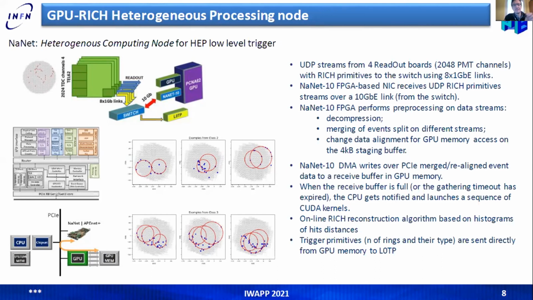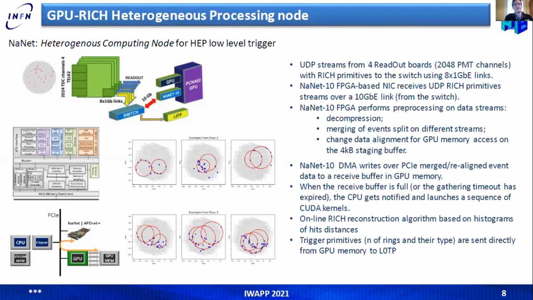Then the information of these rings is sent back to the trigger processor of the experiment, always through the same FPGA. So directly the memory from the GPU is sent to the network and to the trigger processor.